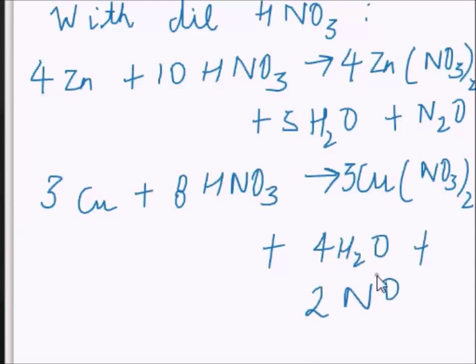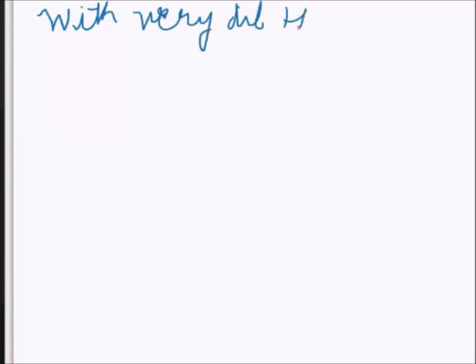Now we will discuss chemical reaction of some of the metals with very dilute nitric acid, very dilute HNO3. So the chemical reactions are like this.